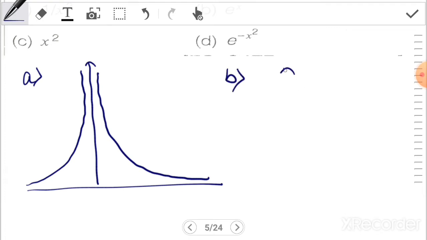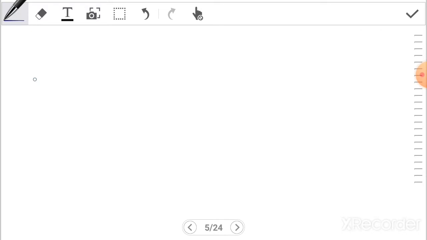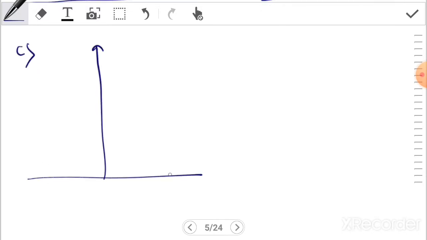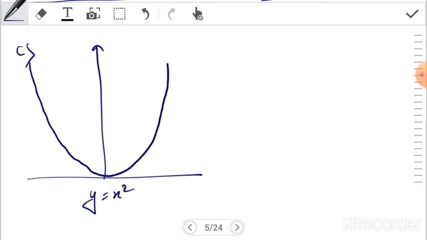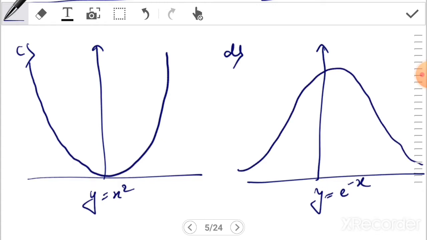The plot of B, the exponential function, is like this, and the plot of C, y equal to x square, is concave upward, and y equal to e power minus x square is concave downward, right?